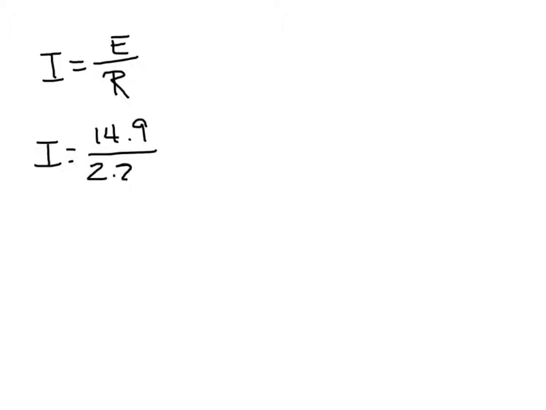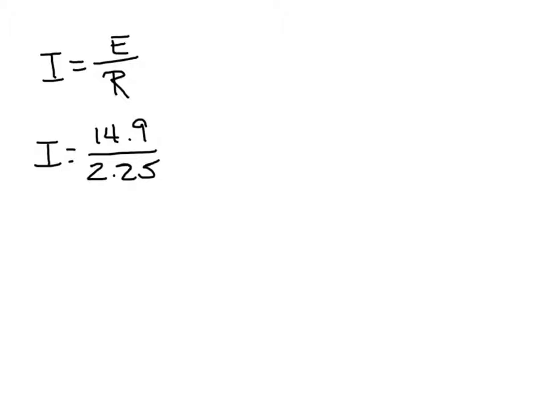For this sample problem, we are provided with the voltage and the resistance, so we need to figure out the amperage, or I for the current equals E divided by R. Substituting in the values that were given, we're going to have 14.9 divided by 2.25.